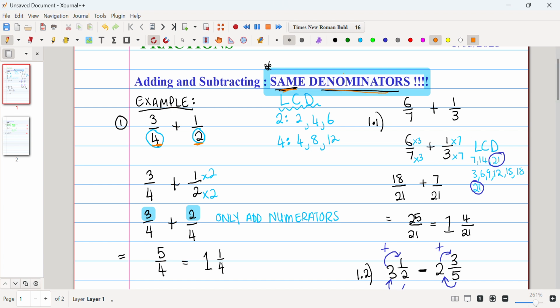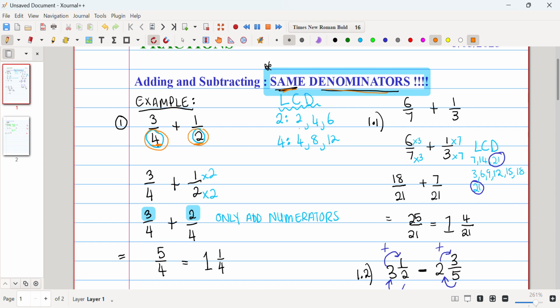Now I'm kind of going to start from scratch for all the questions, so that's why this video might be a bit longer. But what you do is you look and you ask yourself, what is the lowest common multiple between 4 and 2? Okay, so you kind of list the multiples, and as you practice it, you won't even need to do this step, like write it out.